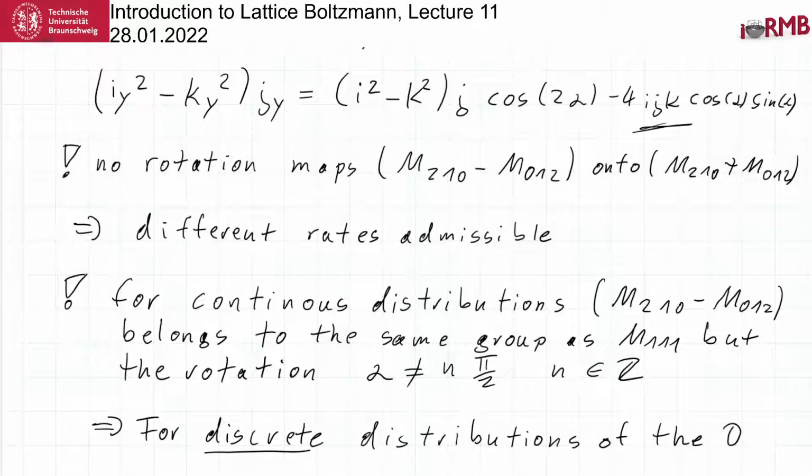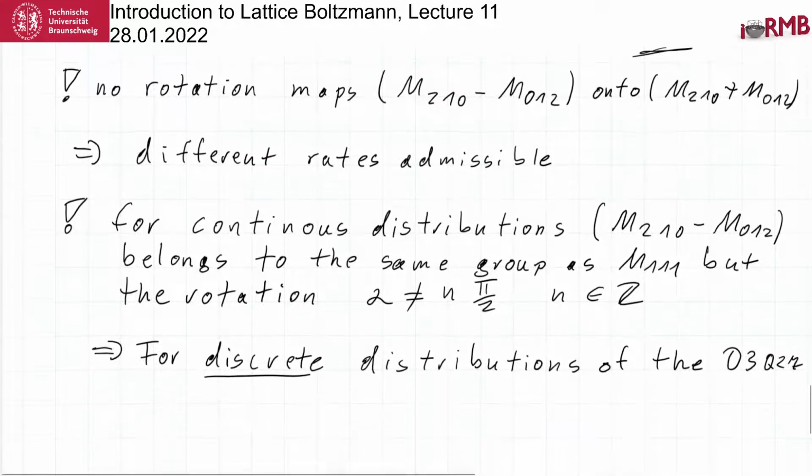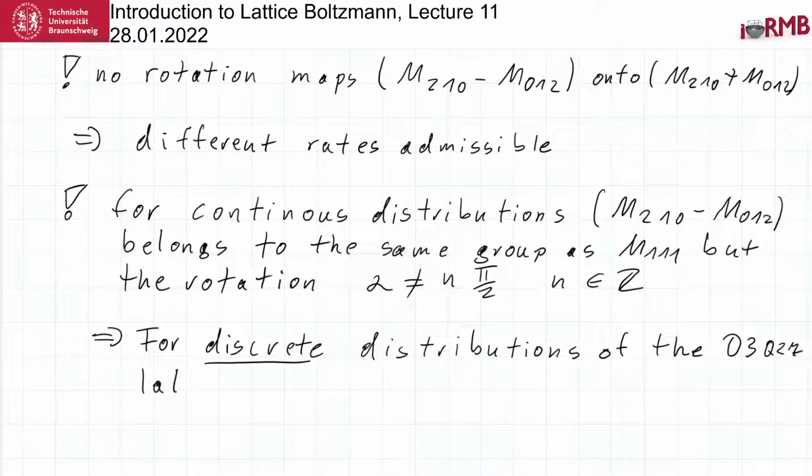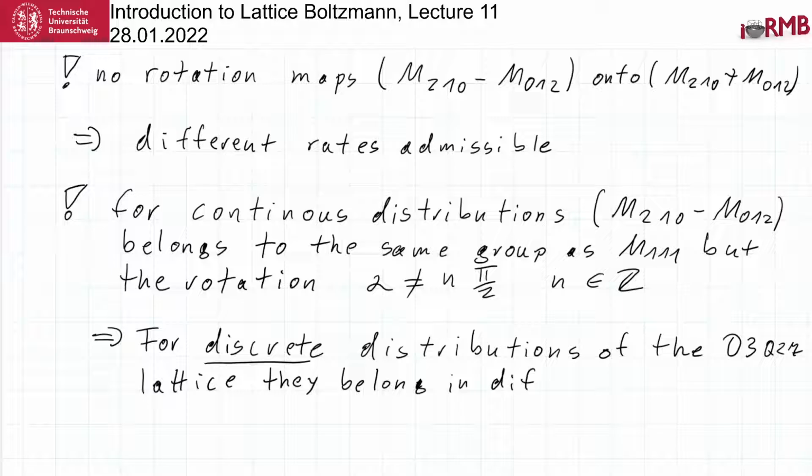So in the D3Q27, where does this leave us?